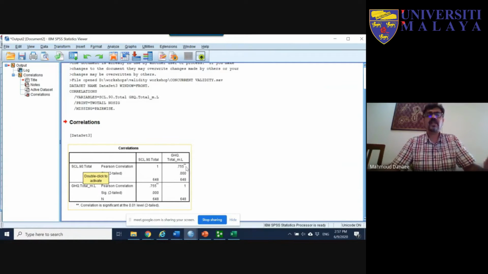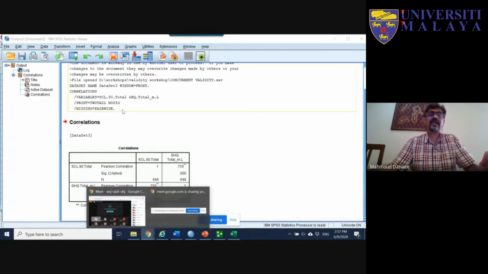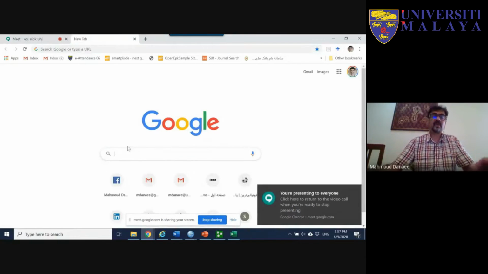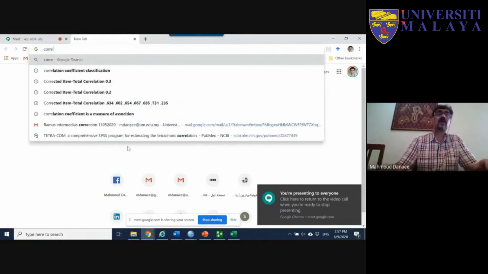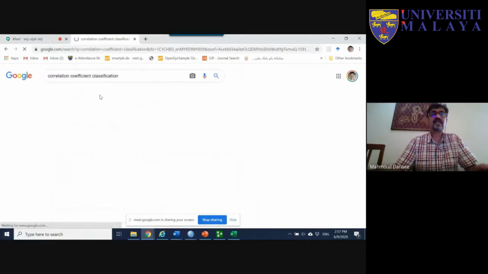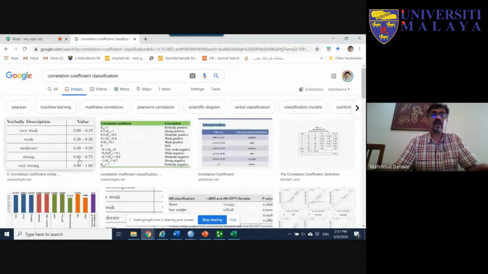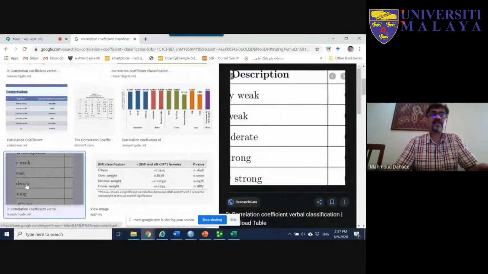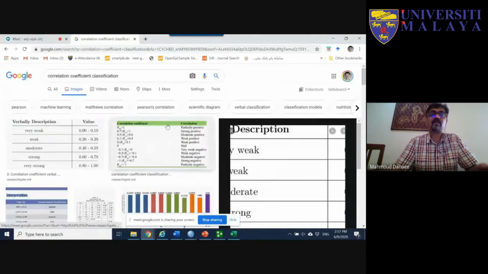0.755. Usually the cutoff point of 0.7 is considered a strong relationship, because if you Google it, you can find the, let me show you. If you Google correlation coefficient classification table, the correlation above 0.7 is called a very strong relationship.